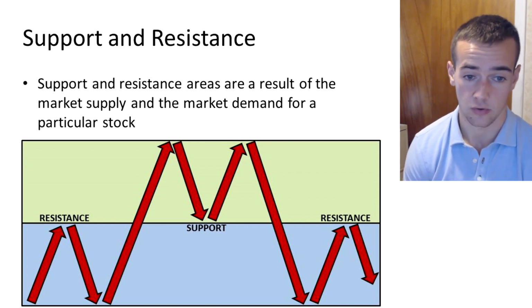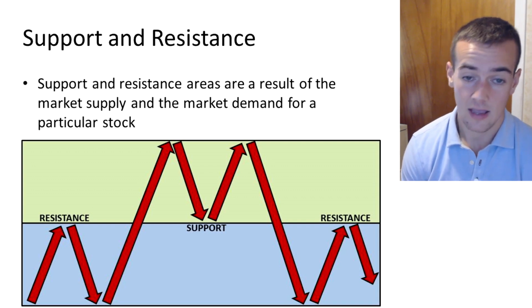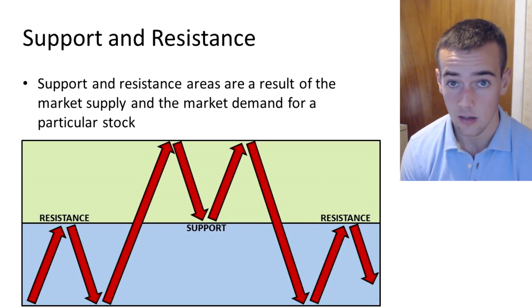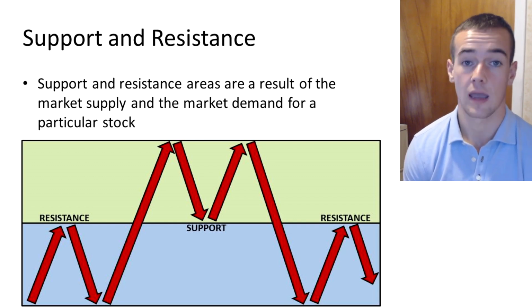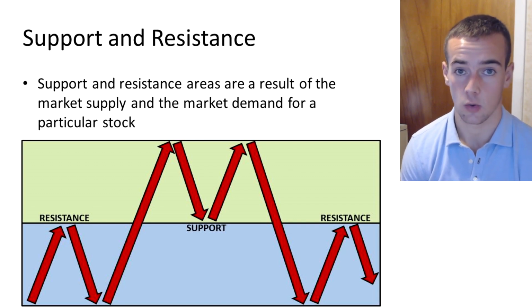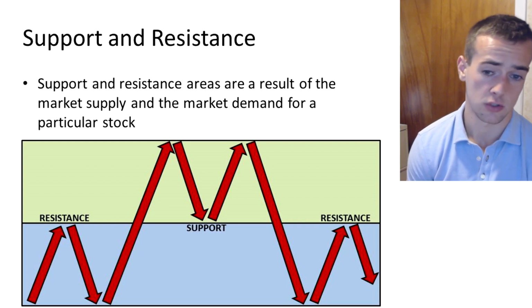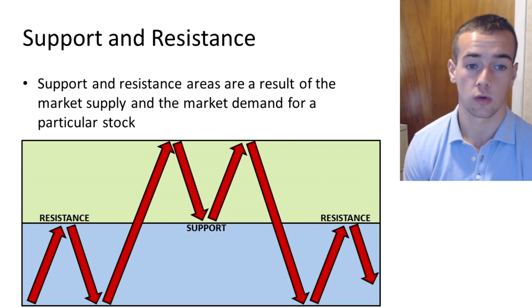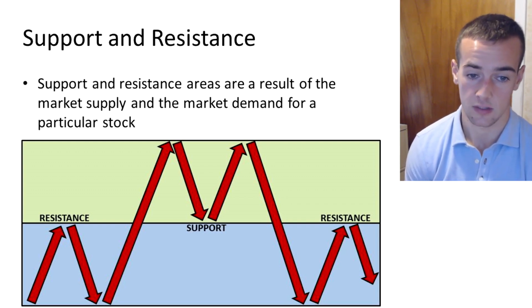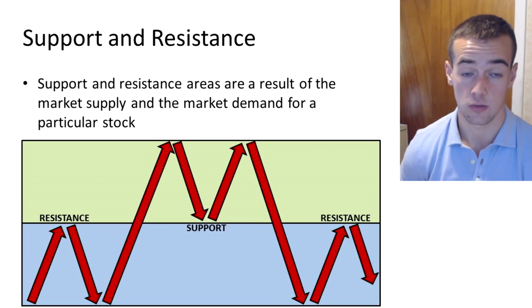If you were bouncing a ball in your house, it's going to bounce from the floor back to the ceiling and back to the floor. Imagine if you bounce that ball high enough and it breaks through your ceiling and then goes to the second floor of the house. At that point, the initial ceiling is going to serve as a support for you to bounce off of, and eventually it falls back through. But this is what it looks like. This is support and resistance areas, and you're going to see this with any stock in the accumulation phase.